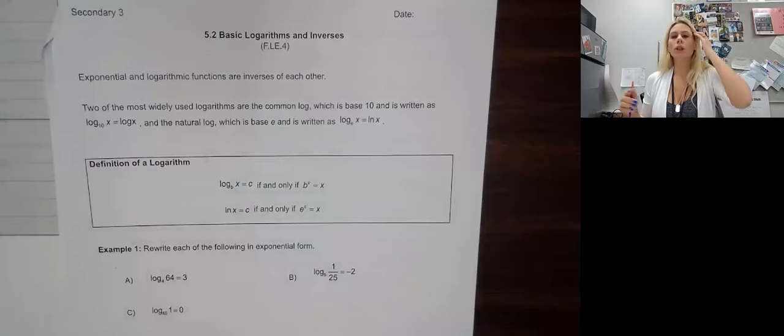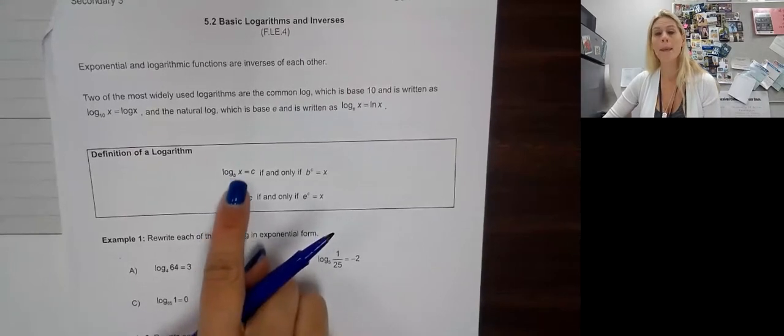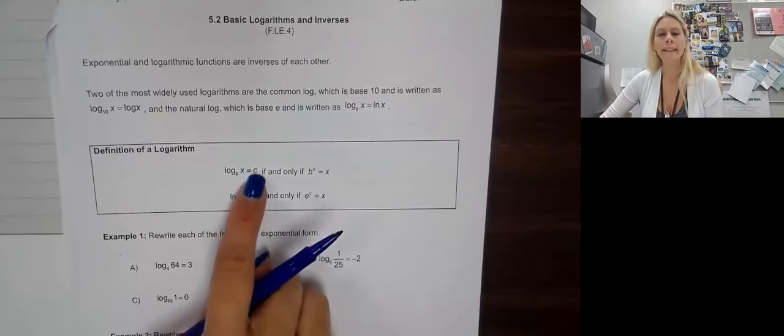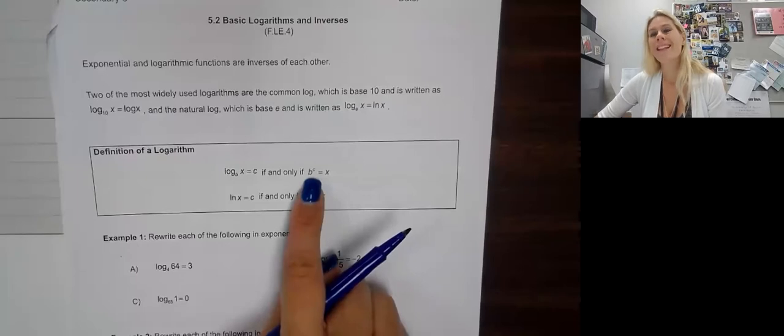So what we're also going to be doing is converting logs and exponentials and seeing how they interact. So if I look at log base b of x equals c, well, if you look at the exponential, the c is the exponent, okay?